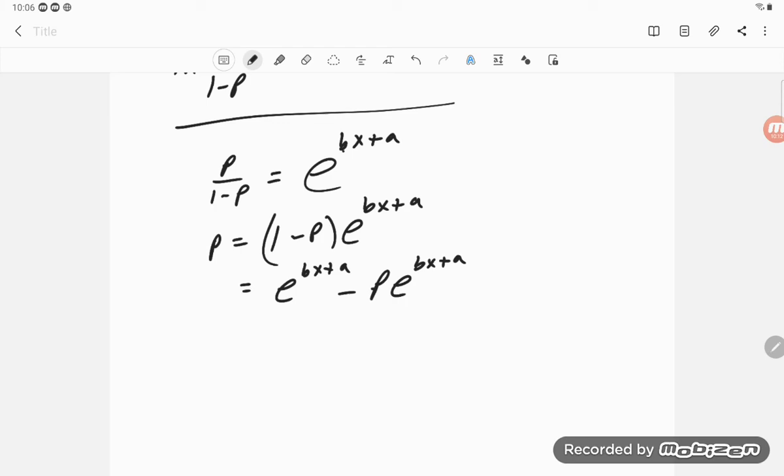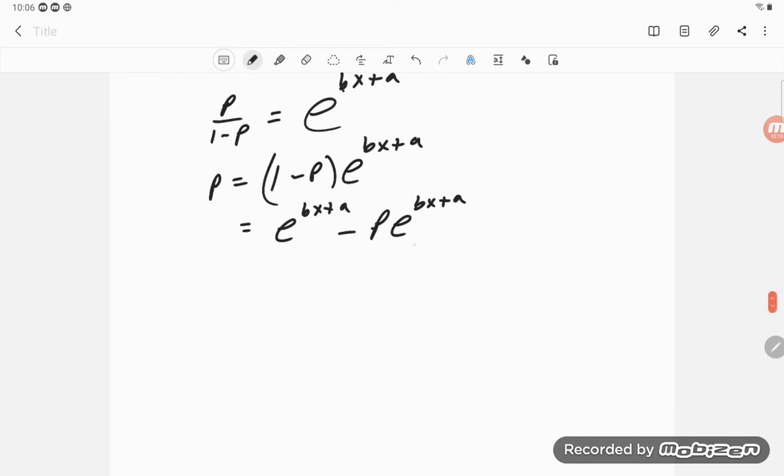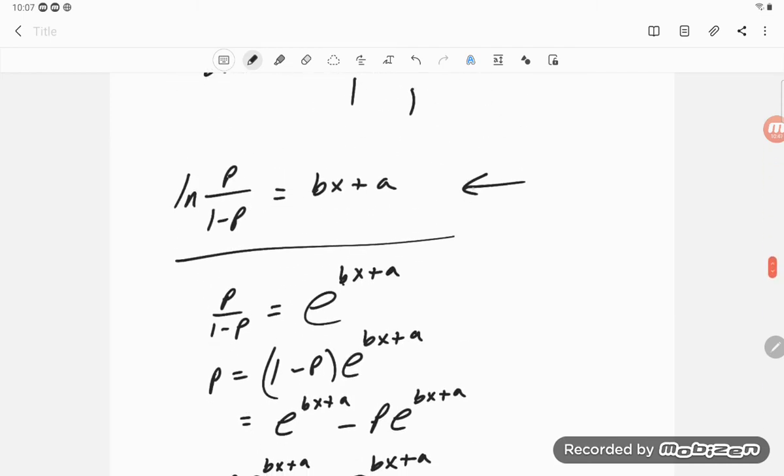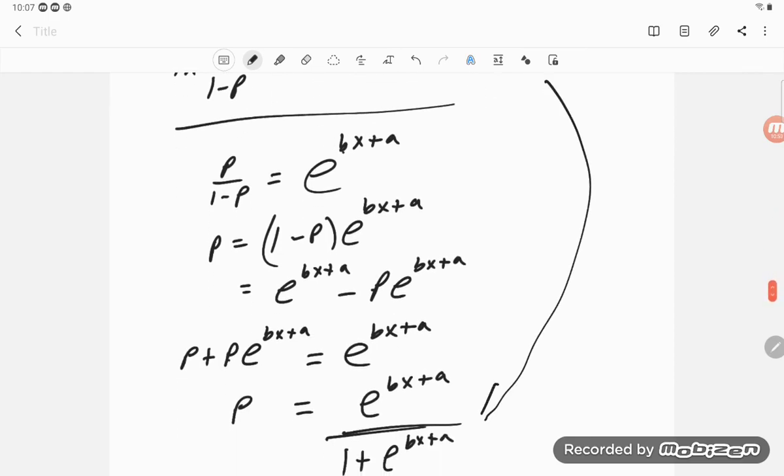Now let's move the terms with P over to the left-hand side. So I get P plus P e to the bx plus a equals e to the bx plus a. Factor out the P and divide, and I get P equals e to the bx plus a over 1 plus e to the bx plus a. And so we can go from here, where we know we've got bx plus a, all the way down to here.